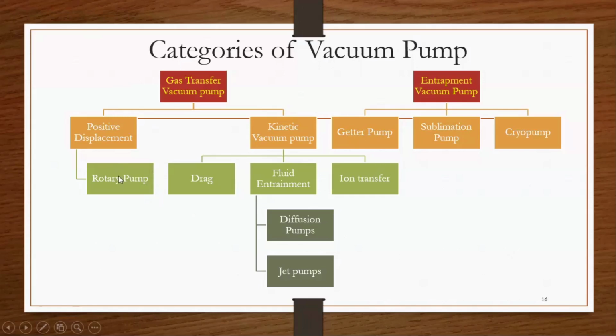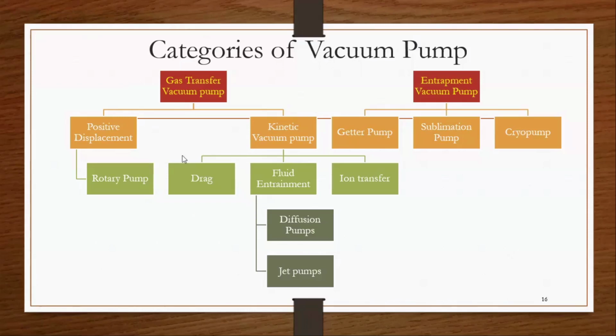So rotary pump is an example of the gas transfer vacuum pump, and diffusion pump is also an example of the gas transfer, but then the fluid will be a hot oil. So with the help of the vaporized oil, the molecules of the atmosphere will be trapped, right?